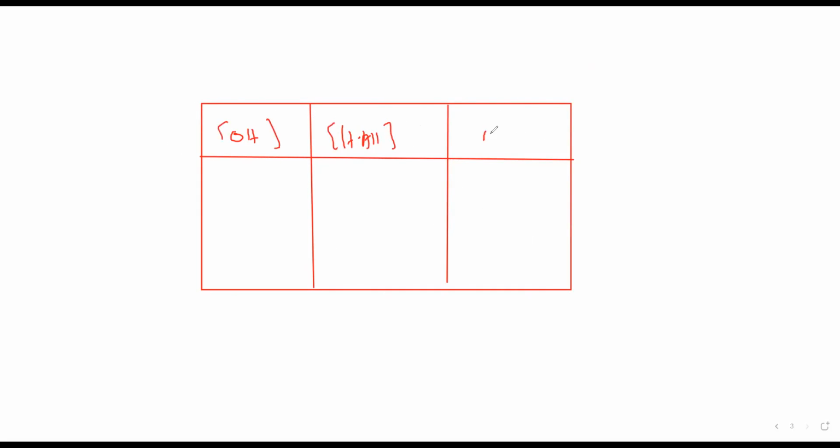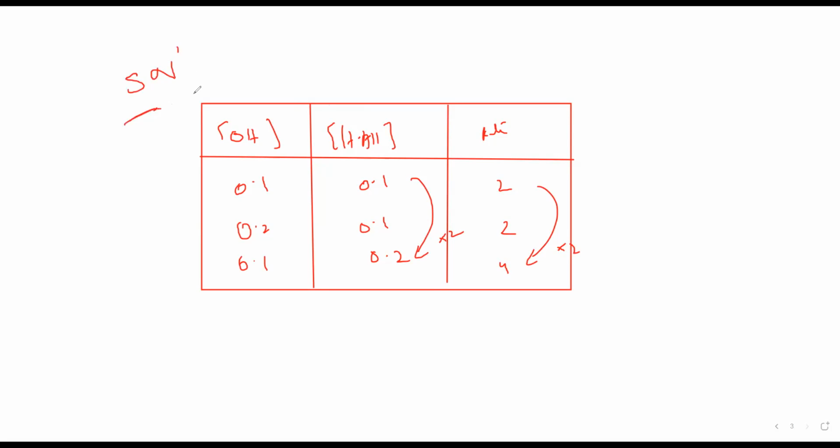The rate does not depend on both. Like if this is 0.1, this is 0.1, the rate is 2. We double the concentration of OH, the rate remains the same. But if we double the concentration of halogen alkane, the rate also doubles. So it shows that the rate only depends on the concentration of halogen alkane but does not depend on OH. So it will be an SN1 reaction, which occurs in tertiary compounds.